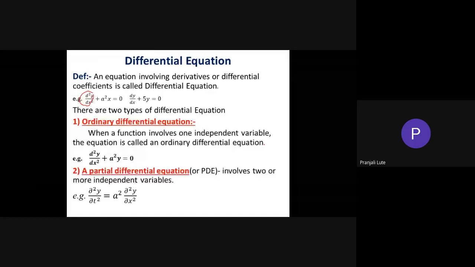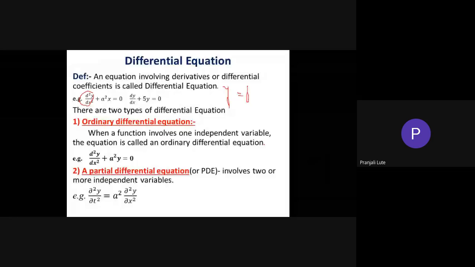Here y is equal to f of x. d square y by dx square represents y is a function of x. dy by dx plus 5y equals 0, this is called the differential equation, and dy by dx represents y is a function of x.